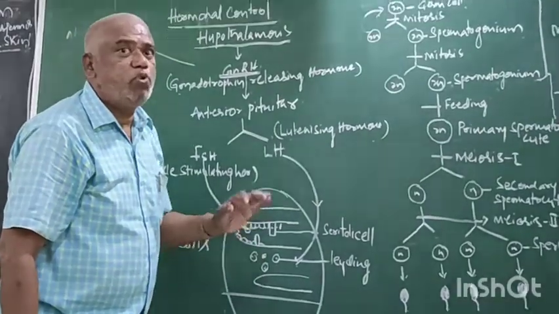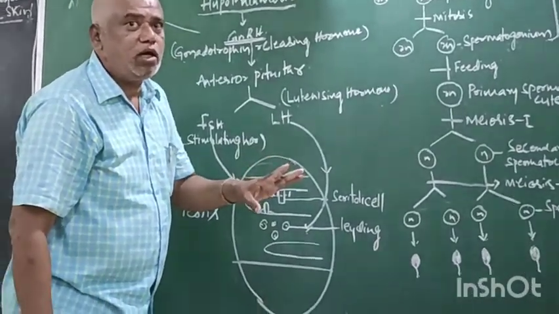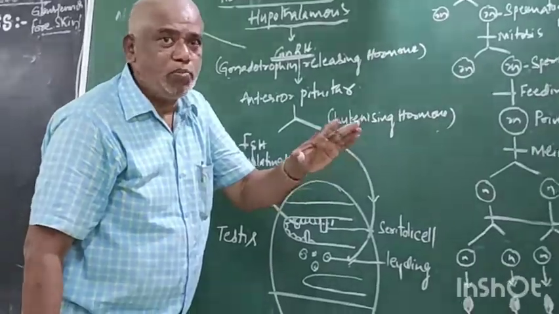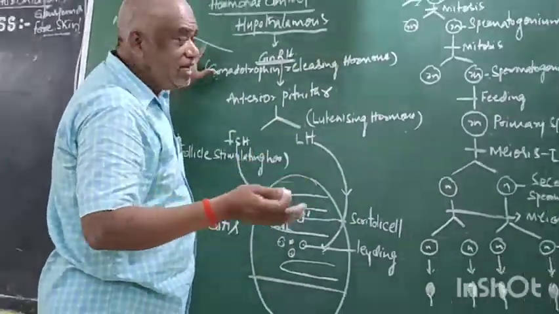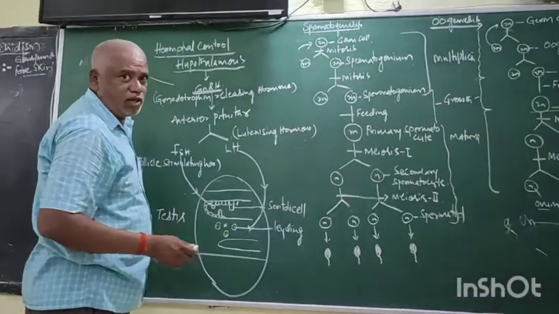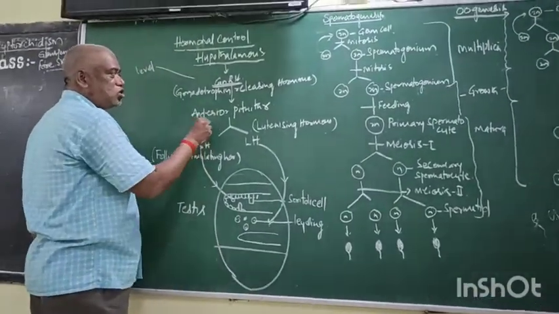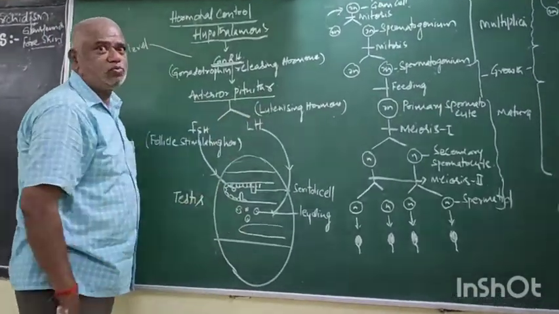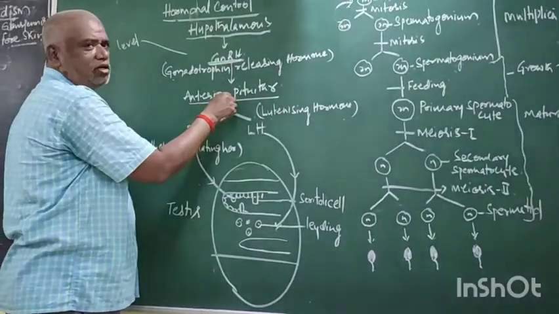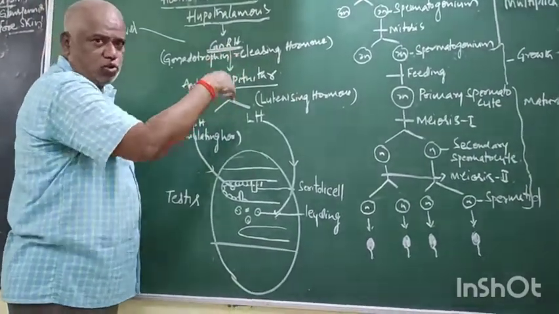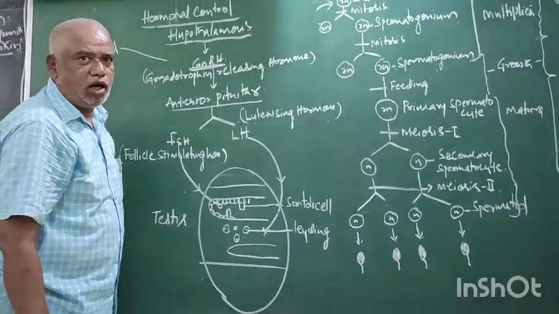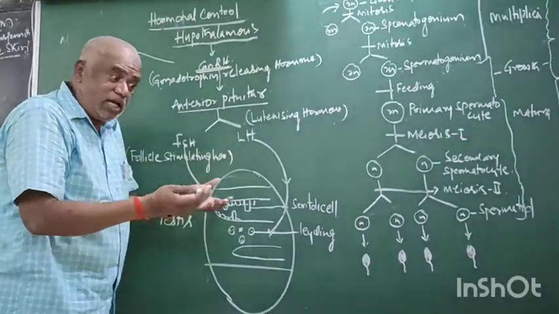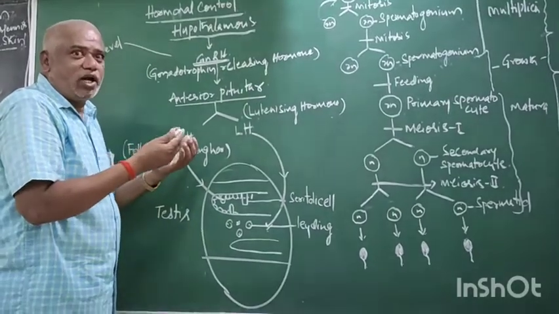That means when a boy is entering into puberty, the GnRH level is increasing, and it stimulates the anterior pituitary through the blood. This hormone is transported through the blood to the anterior pituitary.